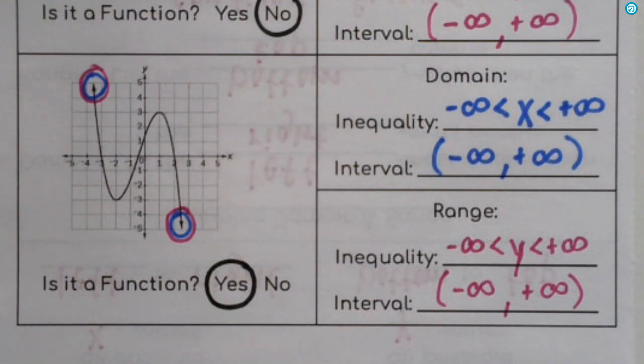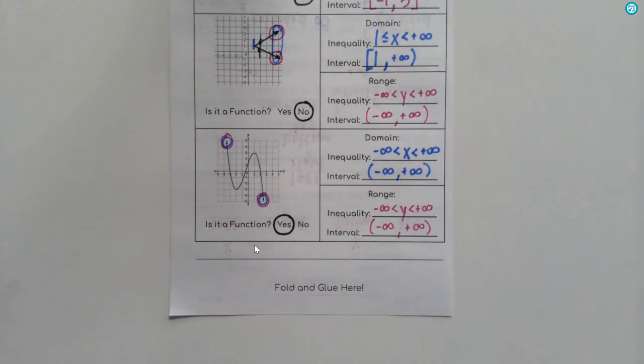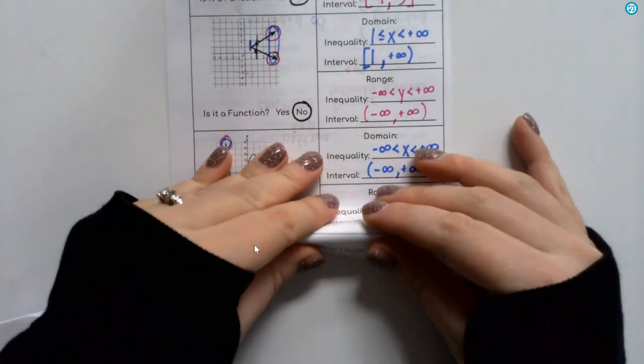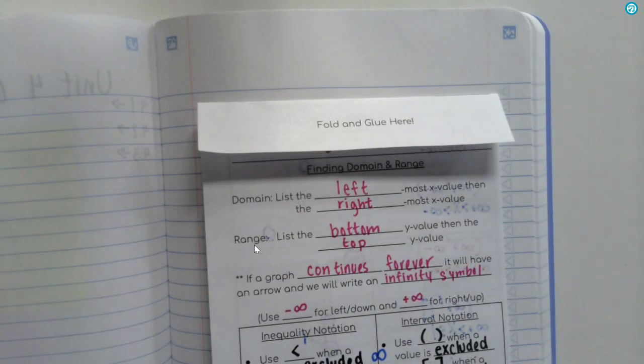Okie dokie. To glue these into your notebook, there's that little tab there. You can fold over that little tab and put glue just on the tab. And then you want to glue it in this way, because then it'll be right side up from both directions.